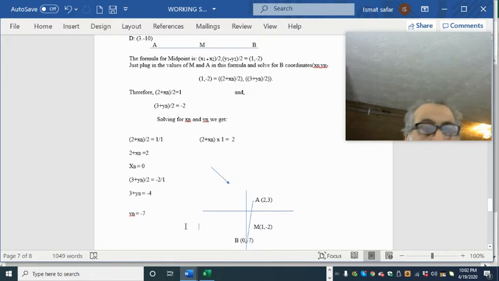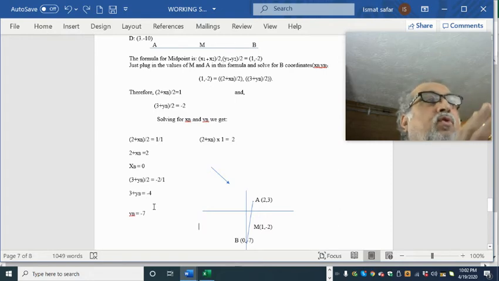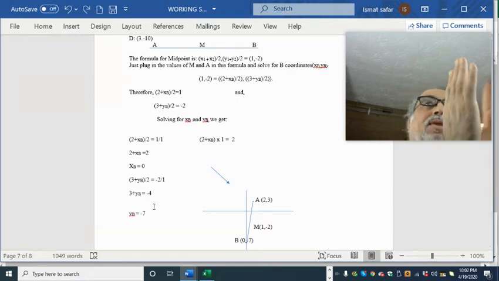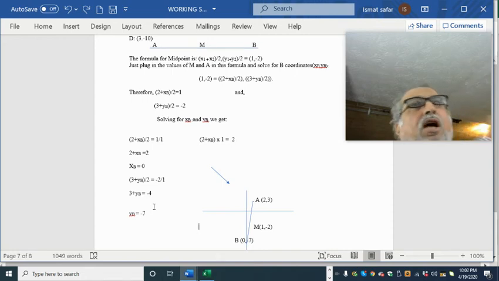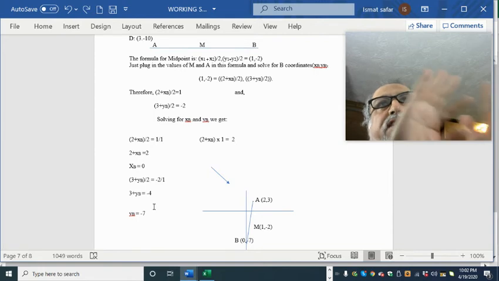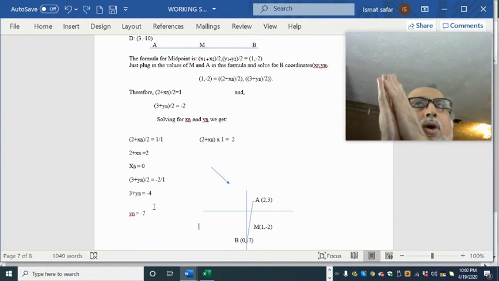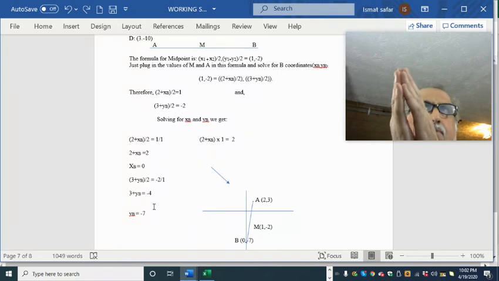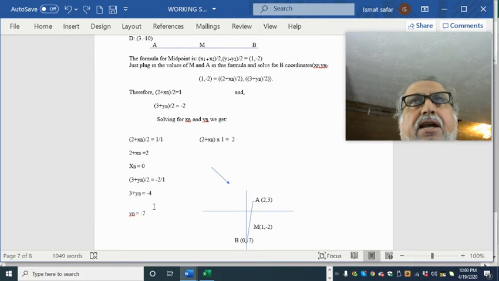If we take a number from one side of the equal sign to the other side, it changes the sign. The positive becomes negative and the negative becomes positive.